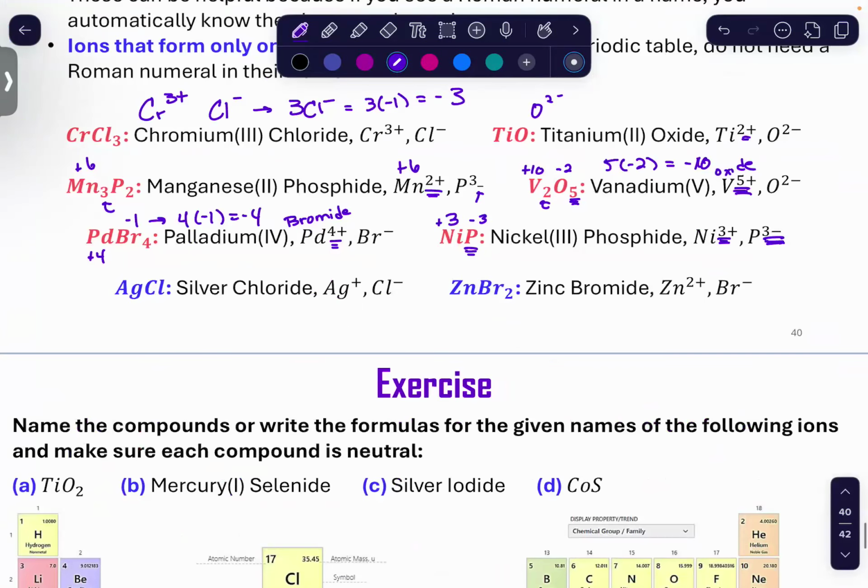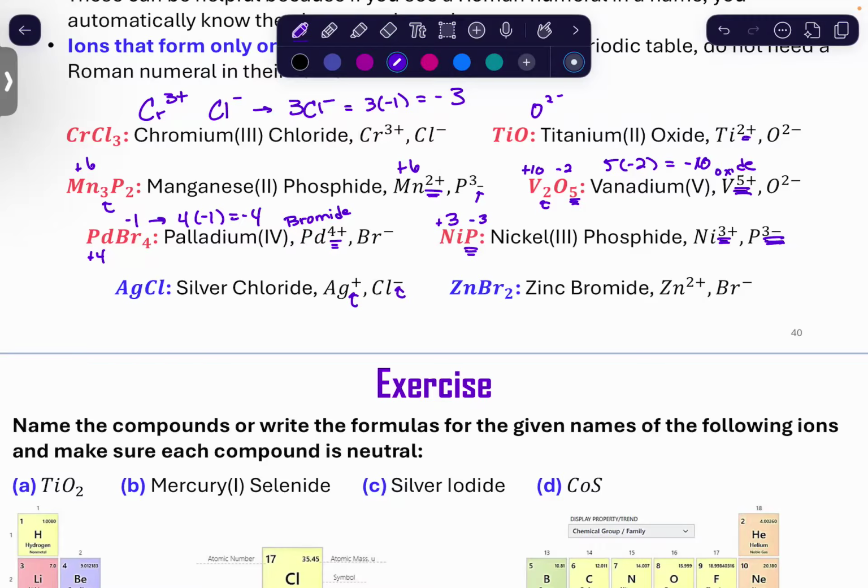So here, of course, the chlorides, based on they're group 17, so they're a -1. Silver is a +1. And so 1 silver and 1 chloride neutralize each other, but the name is just silver chloride. You notice how I don't put the Roman numeral on the silver. That's because silver is a common charge ion. It's an exception to the rule, so you don't use the Roman numeral.